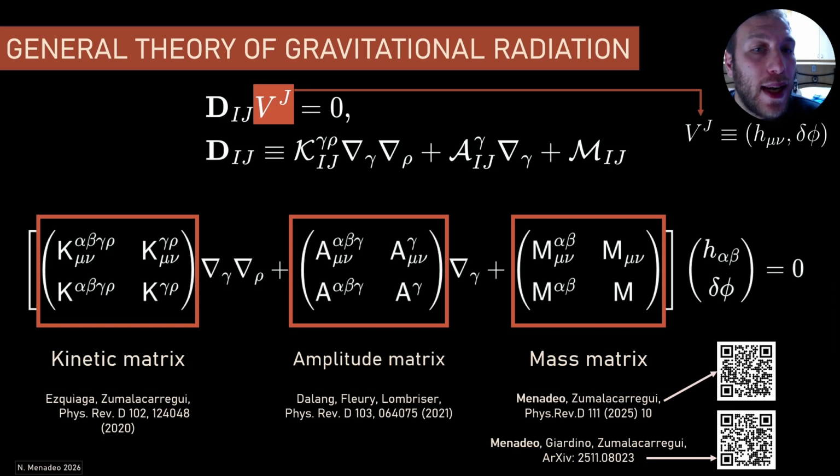Here we have the kinetic matrix that defines the set of the propagating eigenstates, the amplitude matrix, and the mass matrix, which encodes dispersion phenomena. An important point is that the mass-like term contribution always appears in every theory of gravity, making dispersive phenomena a universal prediction for theories beyond GR. And this will be a crucial point for our discussion.